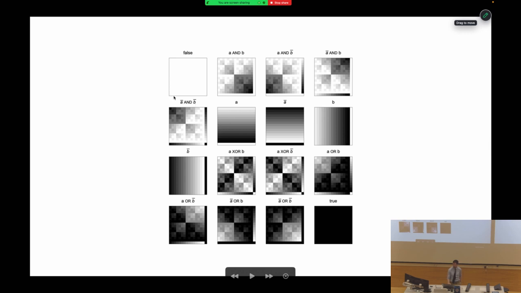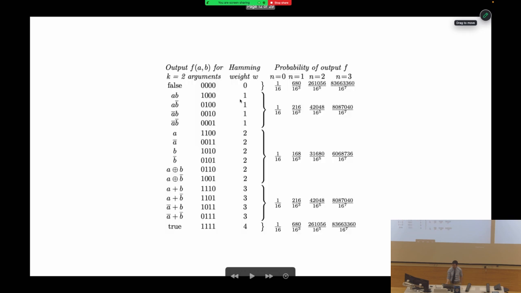On each panel, the x-axis is G1, 16 choices, and the y-axis is G2. The output is indicated by the grayscale. So there are 4,096 things leading to 16 different output Boolean functions, because ultimately F has to be a function of A and B.